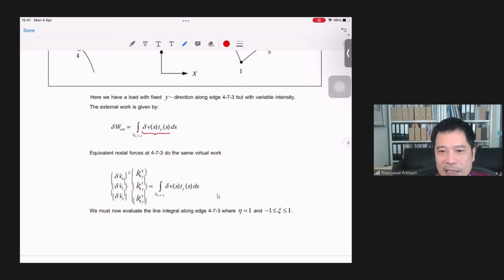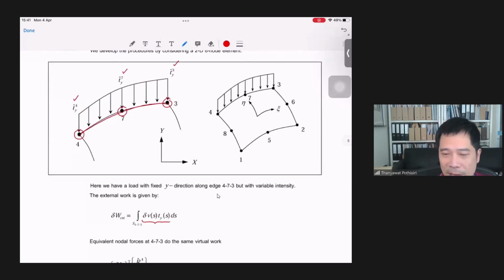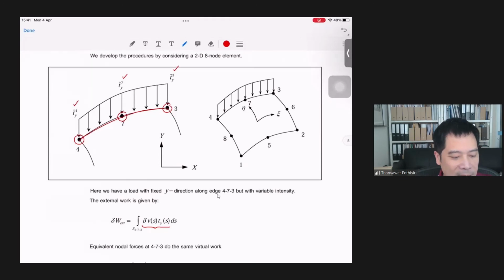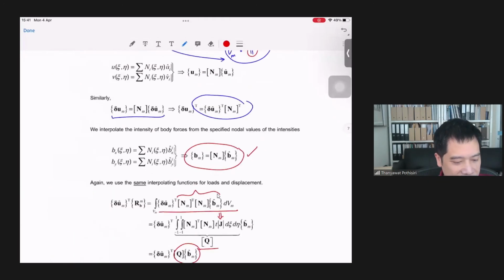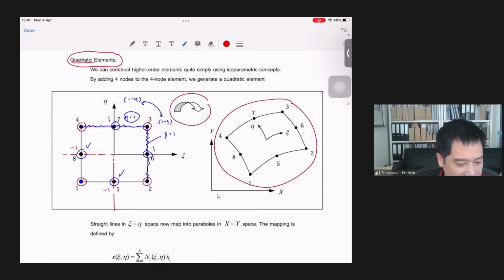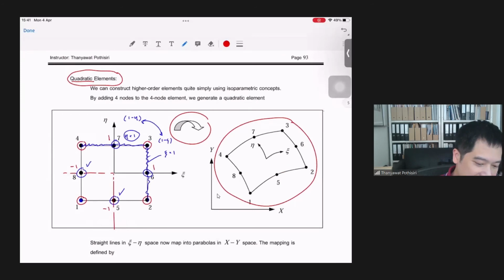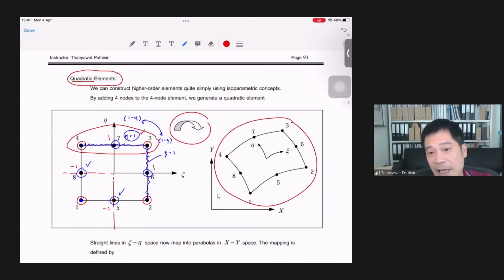Along this edge, one thing that we do know is if you map this back to the parametric coordinate system, you will see that on this edge 4, 7, and 3, eta is constant. So on this edge, you have a constant eta equals 1.